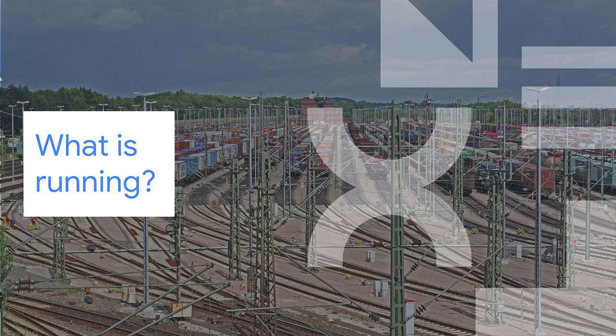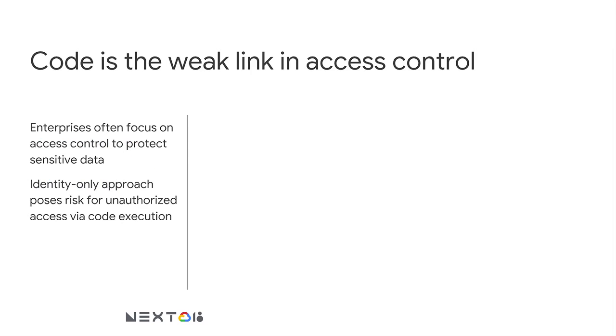And oftentimes, it is very difficult to keep track of exactly what is running, let alone how to apply centralized, consistent control over this software. Data leaks, security incidents, and data breaches are on the rise, and many of those are caused by bad code running in a trusted environment, having access to super sensitive data. So code is the weak link in many enterprises' security story.